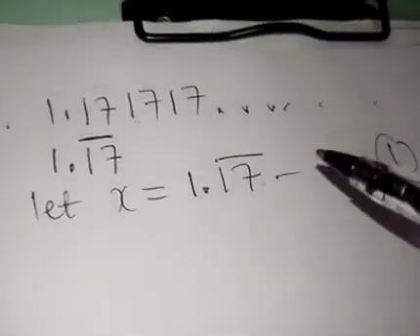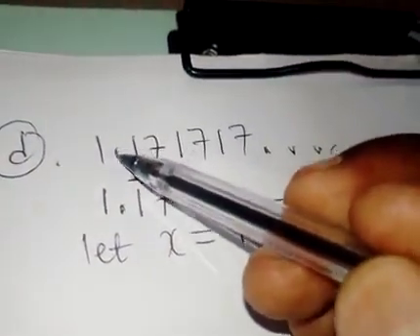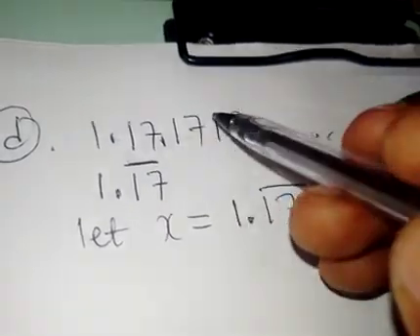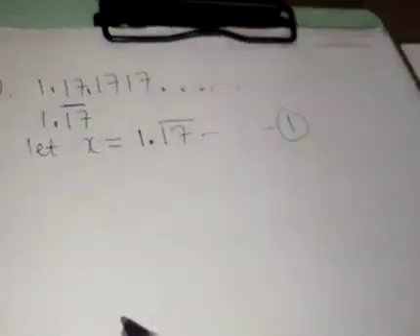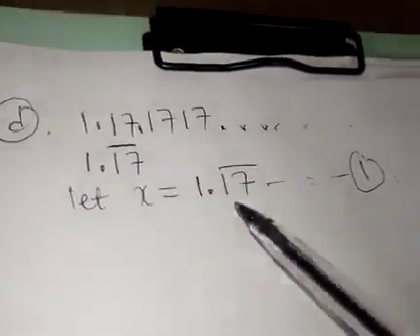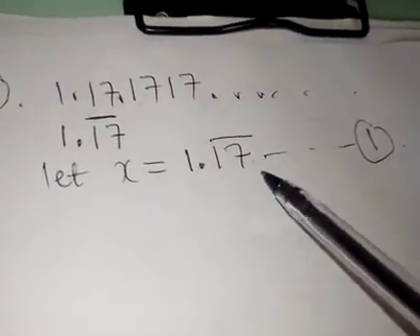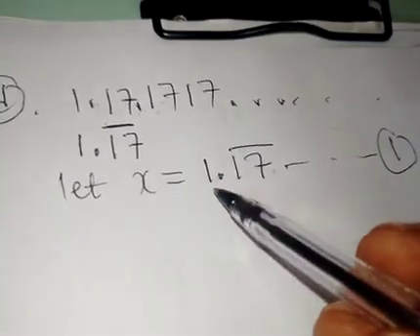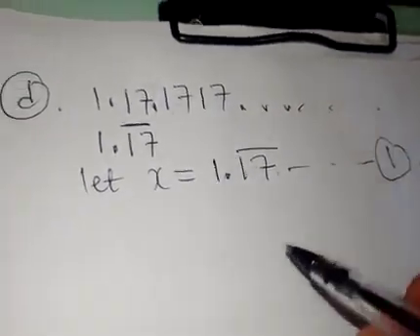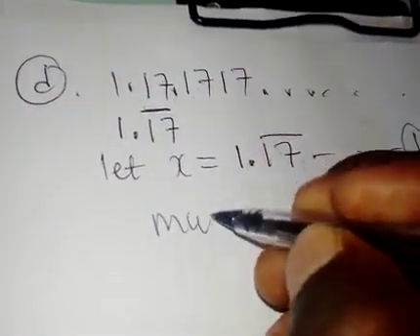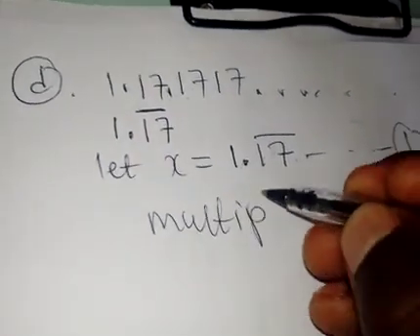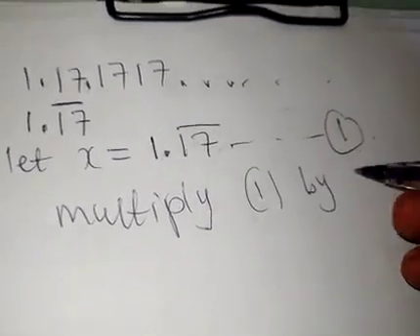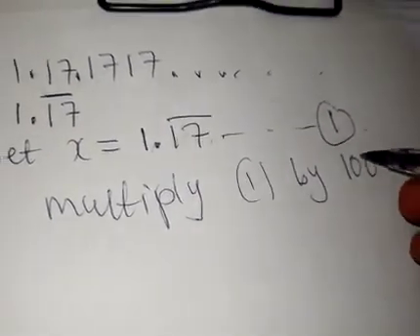It should be after the repeating numbers. It should move from there to there. That's what we do. That's our aim. Okay. So what do we do? How can we make the decimal point move twice in front? We multiply it by 100, so that it moves 2 steps. So we multiply equation 1 by 100.